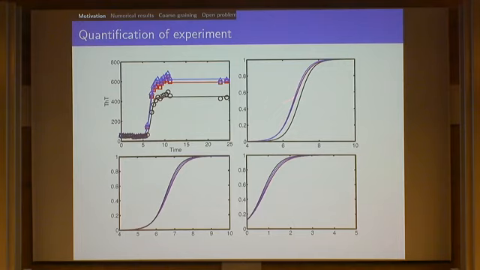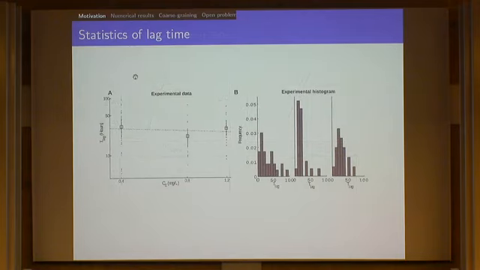Some people do. What you can do is, for each curve you measure the lag time and you do some statistics on how it depends on the initial conditions. In classical nucleation theory, when you do this kind of plot, you plot the log of the lag time versus the log of the concentration. You should have a linear curve.